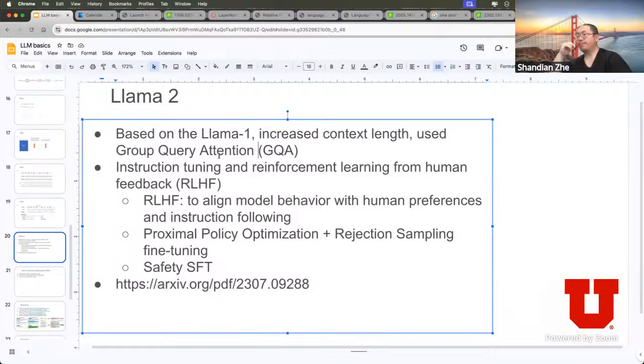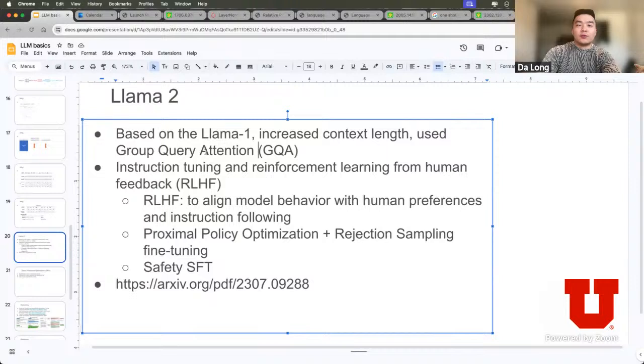But what they do is group all of the query heads, and then for each group they just use one key and value. So they reduce the complexity. It's just a model architecture change.